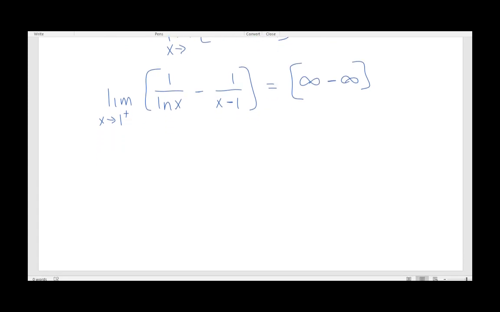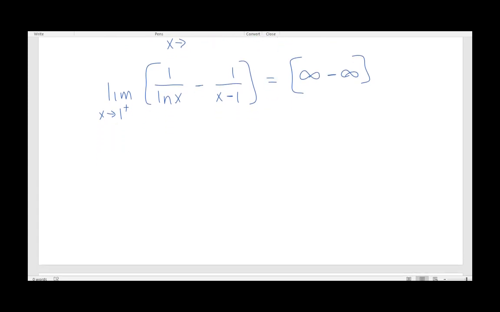So these problems sometimes need different techniques. How do I write this as a quotient? In a scenario where I have two fractions, usually getting common denominators is what will be effective to create one quotient. So I'm going to get a common denominator.